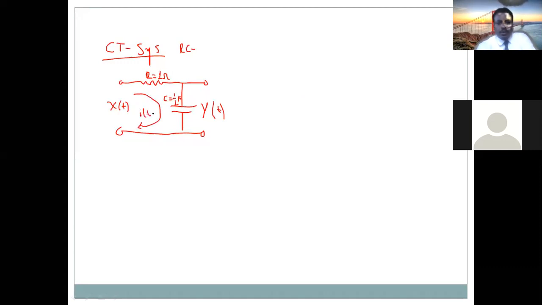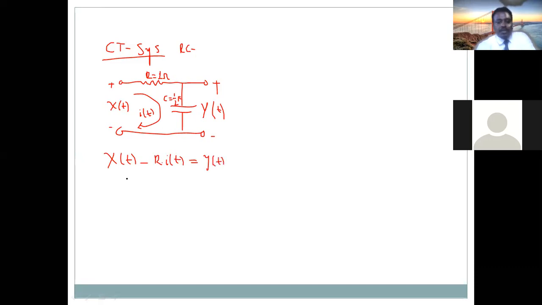So let's write KVL. x of t, the input, minus the voltage drop across the resistor, which is R times I of t, the current, will give us the output, y of t.